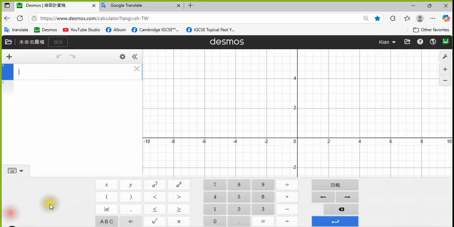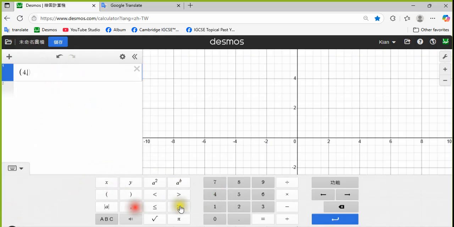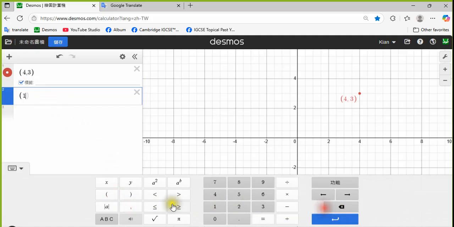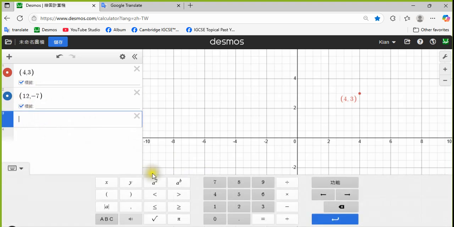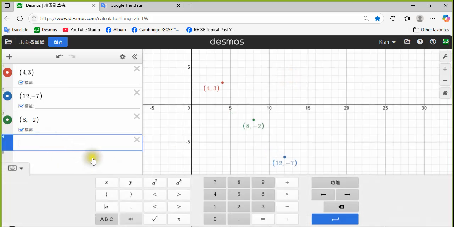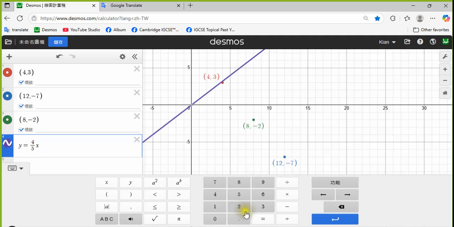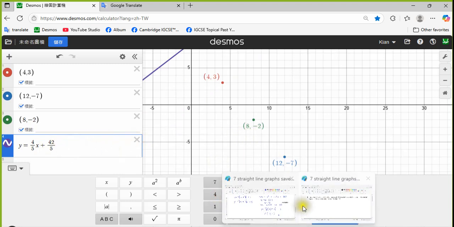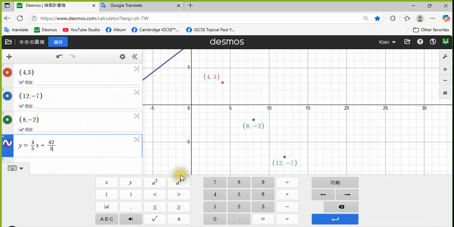Okay, so we have the point (4, 3) as A, and (12, -7) as point B, and then we have the point (13, 2) as point C. So the equation of the perpendicular bisector is y equals 4 over 5 x minus 42 over 5, minus, not plus.